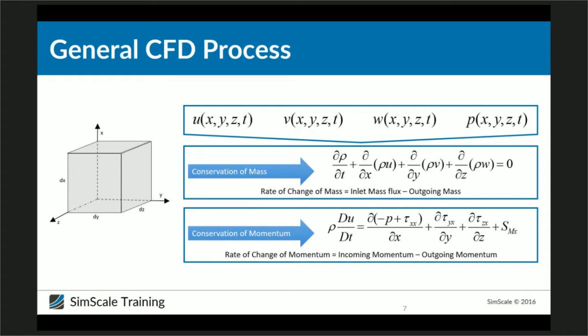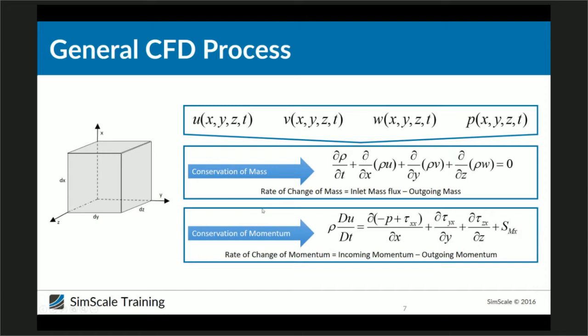Just as an example, we have the conservation of mass. The conservation of mass basically says that the rate of change of mass is equivalent to the inlet mass flux minus the outgoing mass flux. And basically it's the same for momentum and energy.